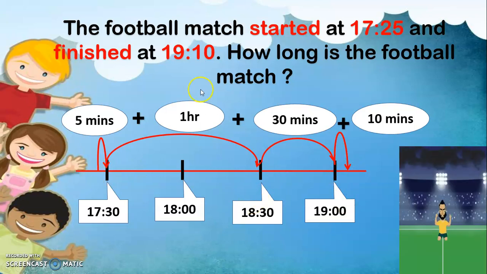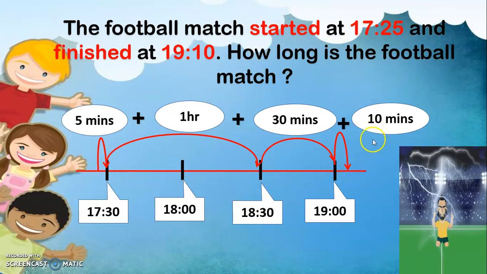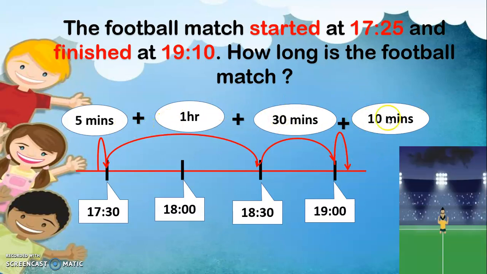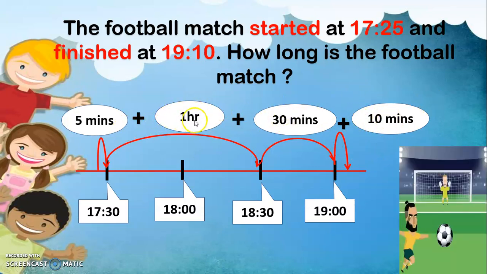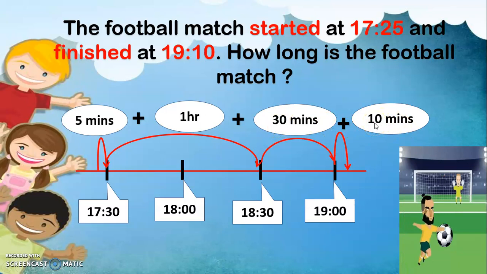Again, I start with 17:25, which is here, and the 19:10, which is here. Okay, now this is the hour. So what we need to do is to add. So we have 1 hour. Let's add the minutes. 30 minutes plus 10 minutes is equal to 40 minutes plus 5 minutes is equal to 45 minutes.